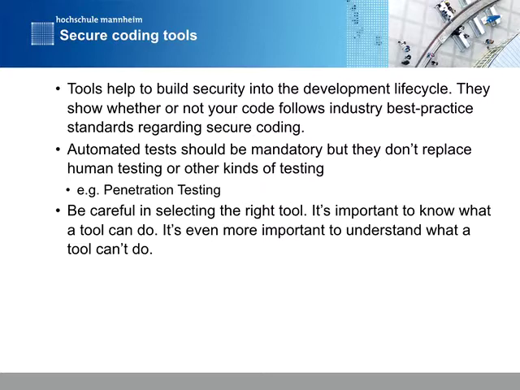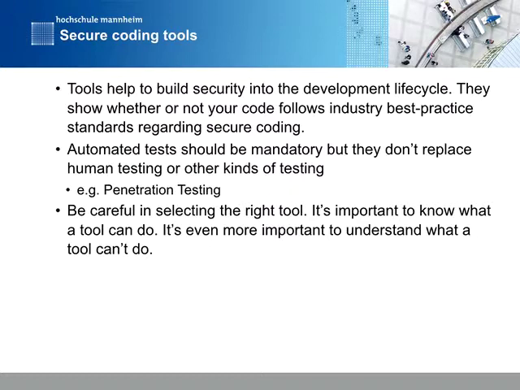Most of them can be identified using patterns, and if a static code analyzer is used, they will be highlighted. There are some very prominent code analyzing tools. The most prominent one is from Fortify. I don't know if you know that name. Fortify is the name of the company.